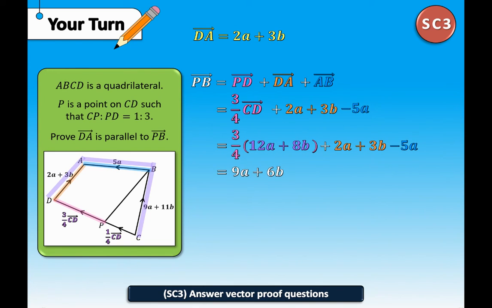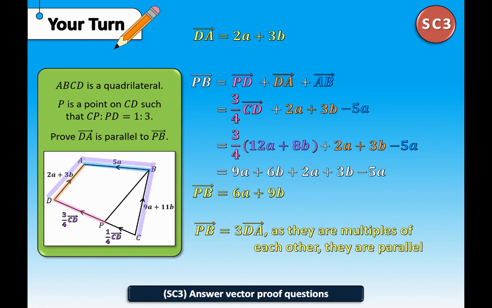We expand the bracket and then simplify. So PB is 6a plus 9b. Now we can see that PB is 3 times as big as DA. So as they are multiples of each other, they are parallel to each other.